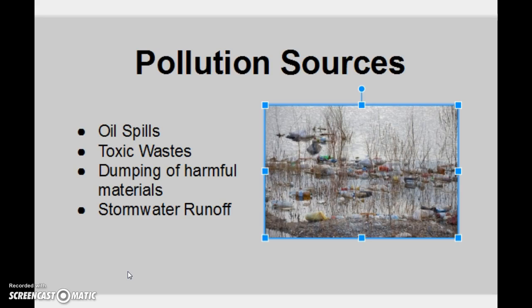In that presentation, almost the whole slide was just filled with sentences about pollution sources. Here, I made it less wordy, and I used one image to go with it so that you could see what water pollution looks like.